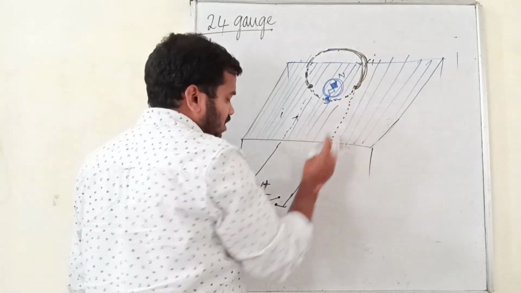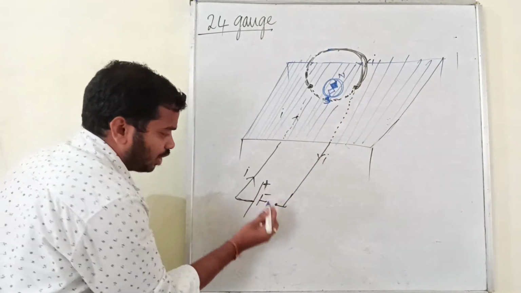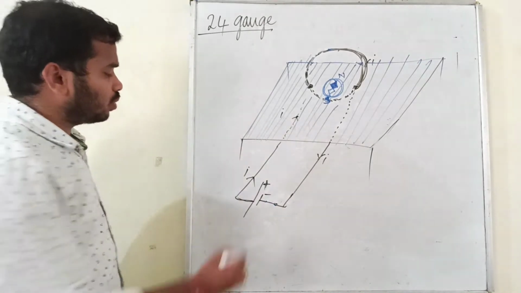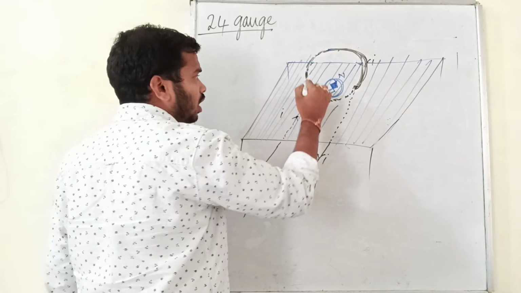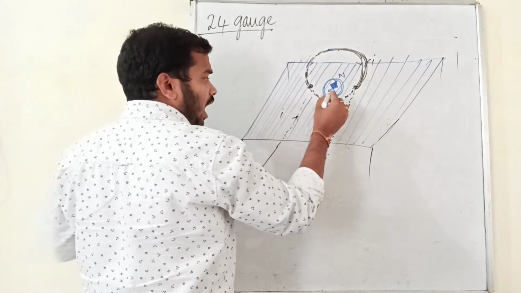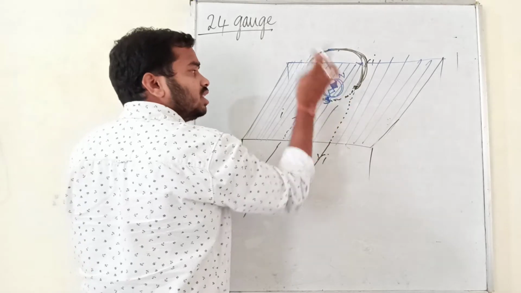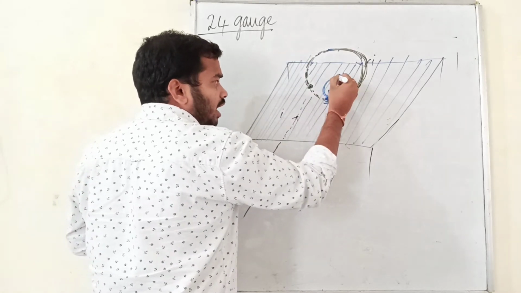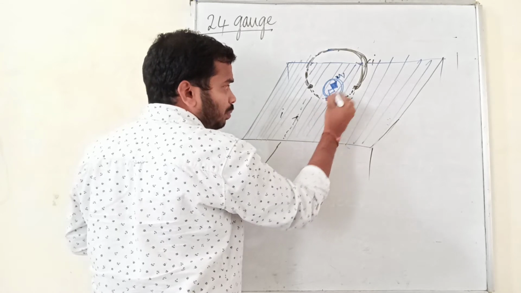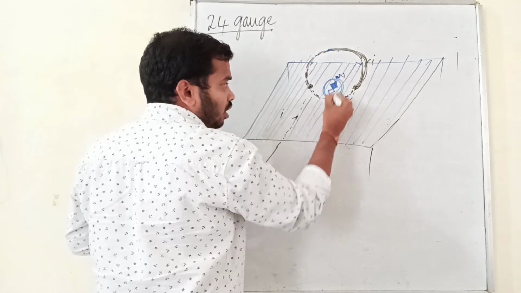When you switch on this circuit, the current starts flowing in the coil, which in turn produces the magnetic field, and that causes a deflection in this magnetic compass.